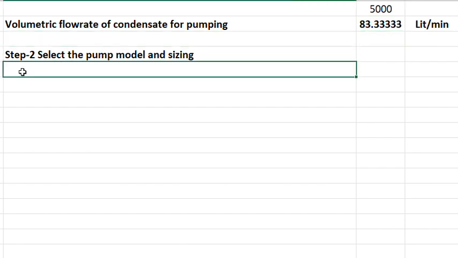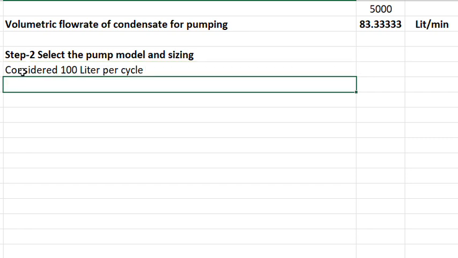Considered 100 liter per cycle, that is the standard model available with the manufacturer. If you check with another vendor, each vendor has their specific standard volumetric flow rate based on the models. Here we need to calculate the required cycles per hour.